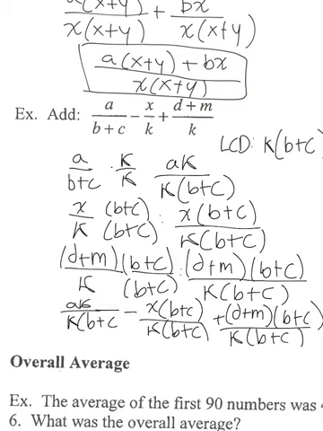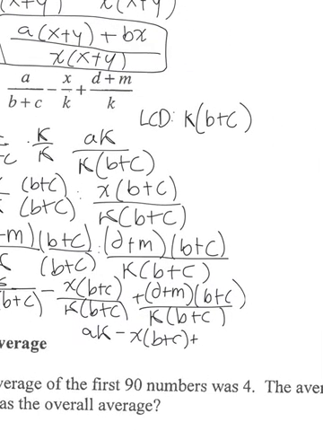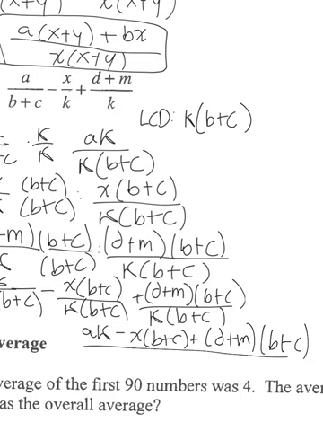And now it's just a matter of subtracting these, and this is going to be a little bit of a longer term, but here we go. So they all have the same denominator, so when we're adding these together, or subtracting them in this case, we can just do ak minus x times the quantity b plus c plus the quantity d plus m times the quantity b plus c all over the quantity k times the quantity b plus c.